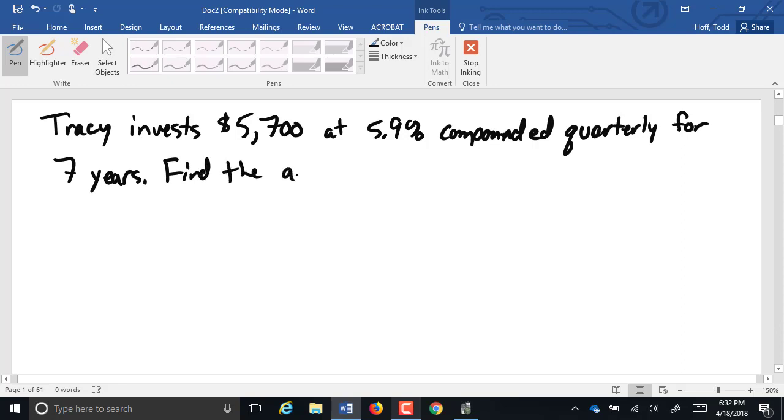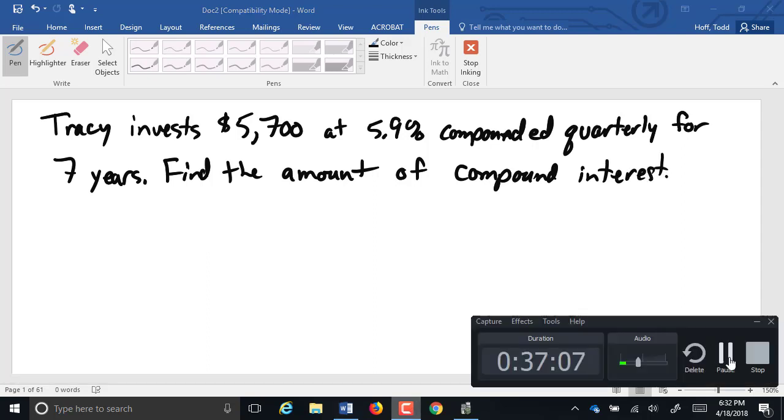Find the amount of compound interest. I'm going to give you guys a couple minutes again.